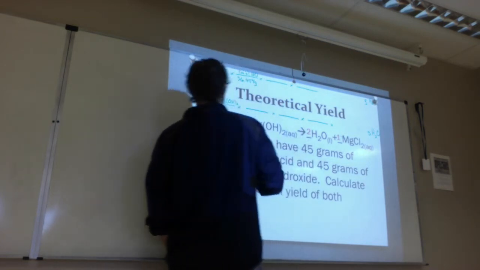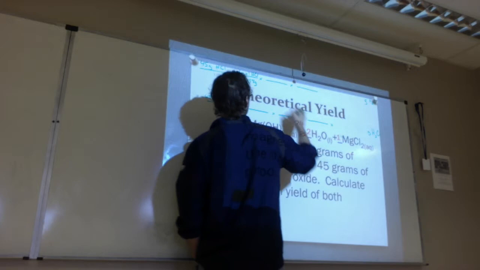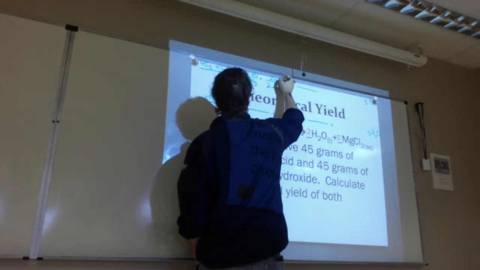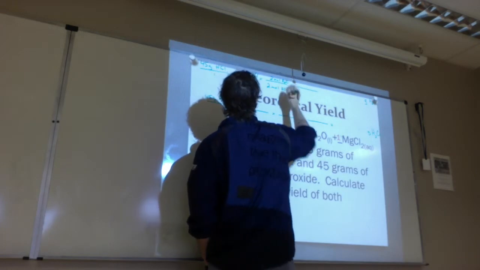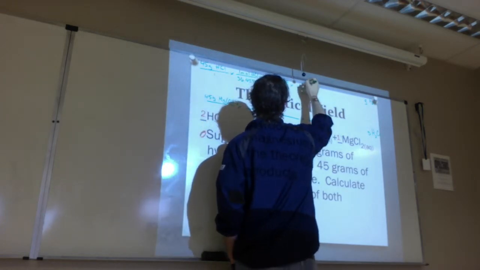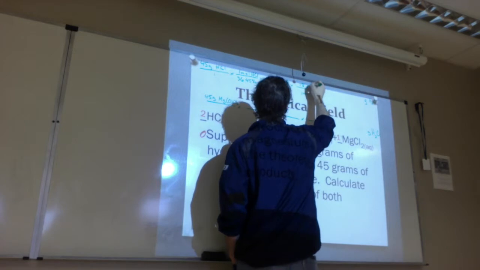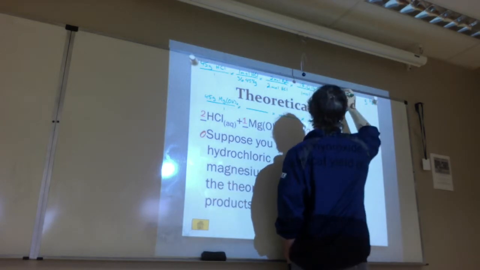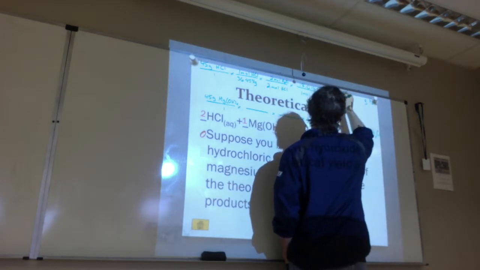And then you did the mole train, so for every 2 moles of HCl you have 2 moles of H2O. And for 1 mole of water, we've got 18.016, I think. Yeah. And then what'd you get for your answer? 22 grams.